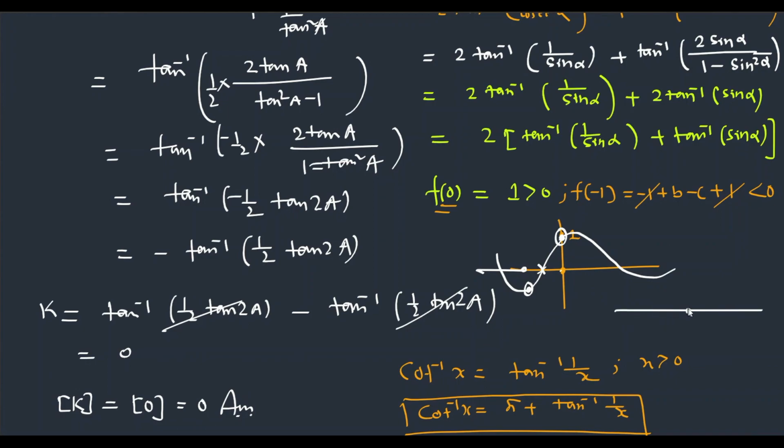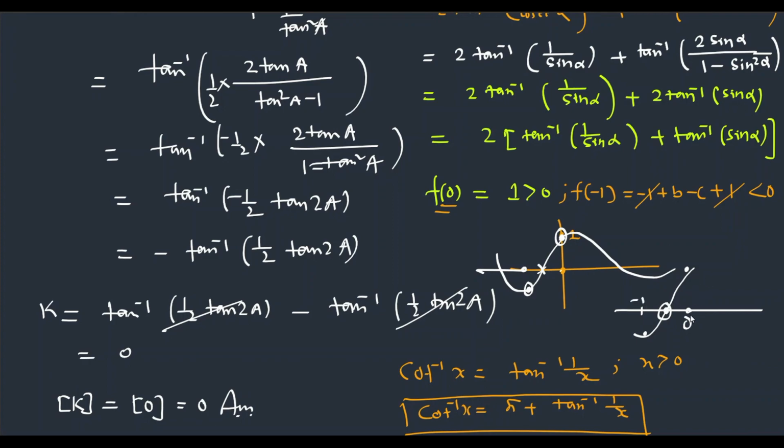Since it is a polynomial, it is a continuous curve, so this curve intersects the x-axis at some point between -1 and 0.